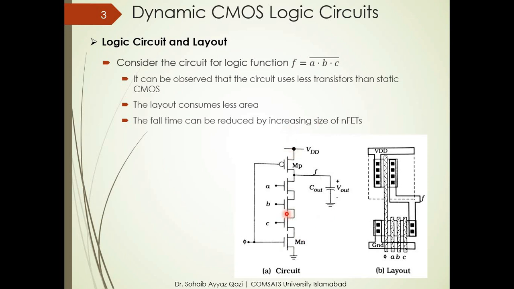So this uses fewer transistors, and obviously, if we are using fewer transistors, the area consumption is also reduced. And the fall time can be reduced by increasing the size of FETs. This is what we have been studying earlier. If you want to reduce the fall time, or if you want to reduce the rise time, then you have to basically increase the size of our MOSFETs.